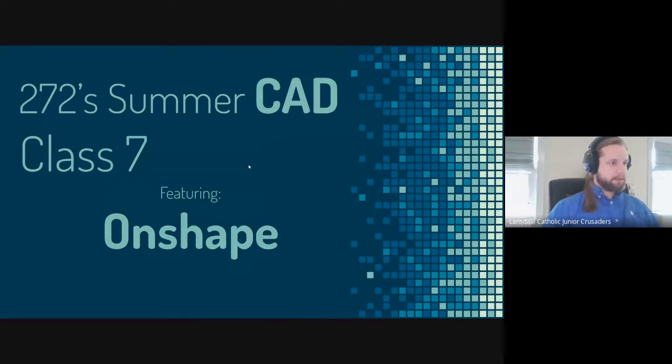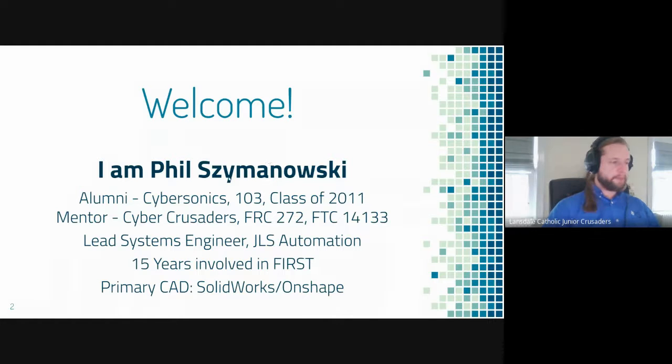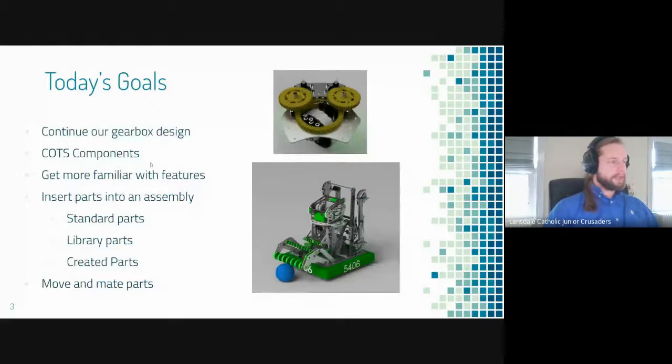And a little bit about me, if you'd like to read more about it, you can learn about it in previous videos. Today, similar to last class, we're going to continue our work on gearbox design, as well as learn some more about different COTS components that we can implement.